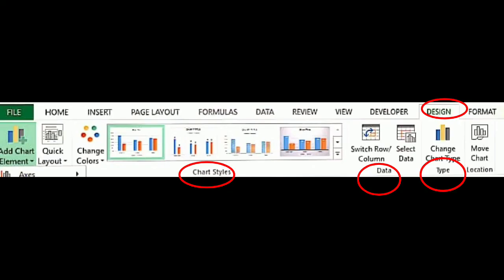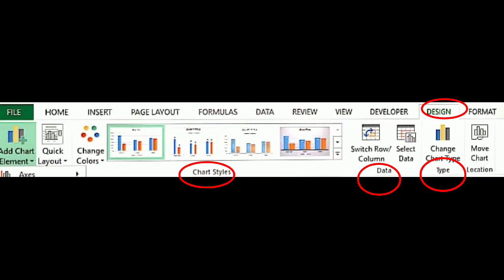Okay, and first tab is design tab, and under the design tab there are many different options provided. If you want, you can change the chart type using the design tab.